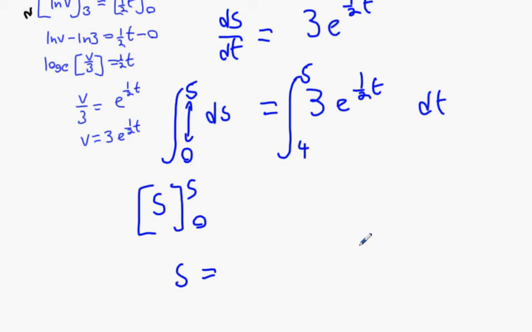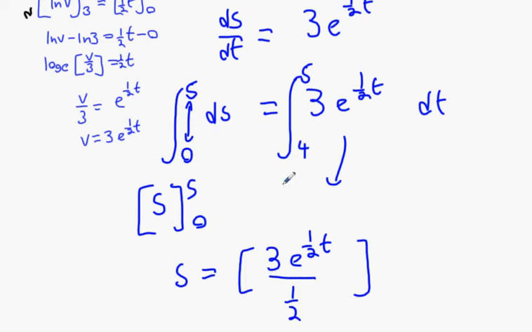Okay? So what we get when we integrate this is 3. That never changes, the exponent, doesn't it? It's the same integral. We've got to divide by the power, which is divided by a half. 3 divided by a half, anybody? 6. And then we have it from 5 to 4.